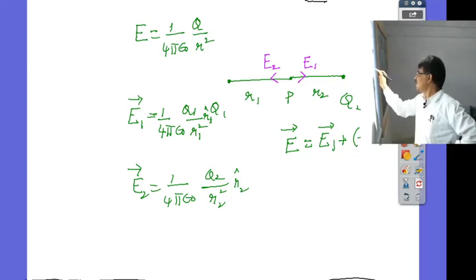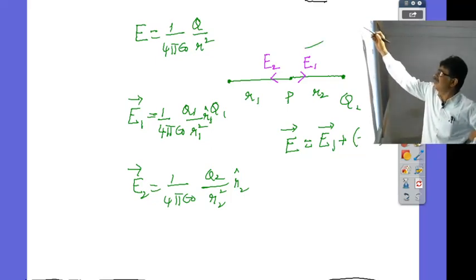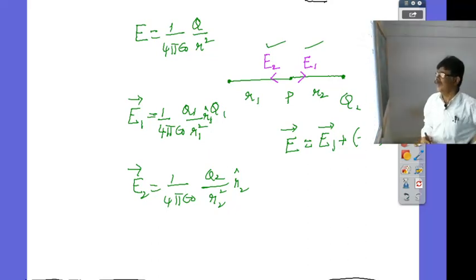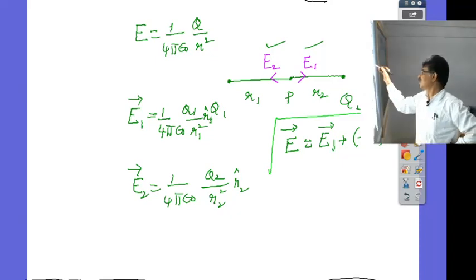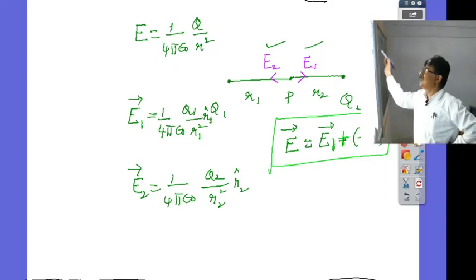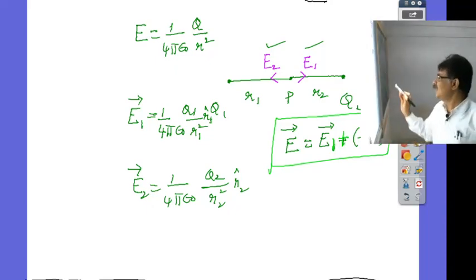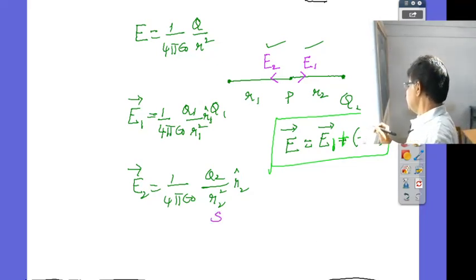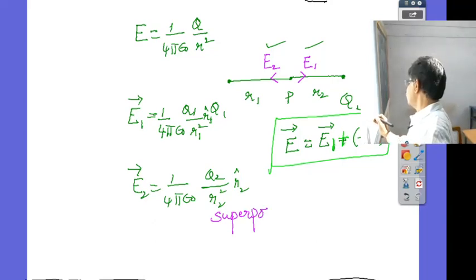Why am I writing minus here? Observe, E1 and E2 are acting in opposite directions. Hence, we are writing E is equal to E1 plus minus E2. Clear?